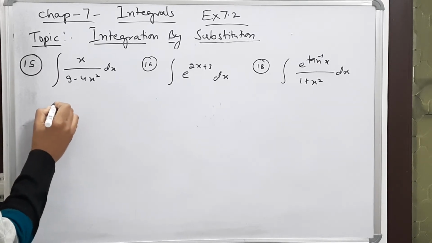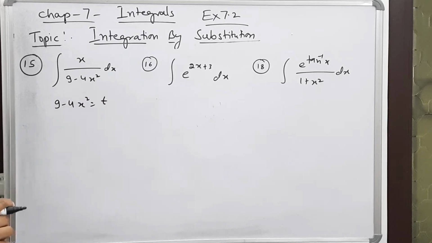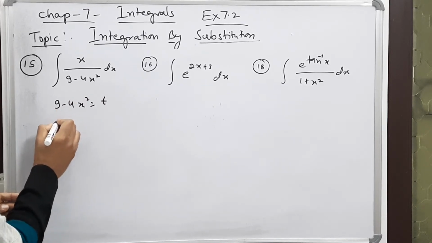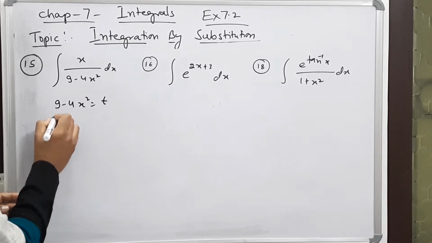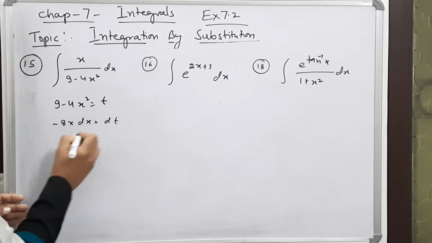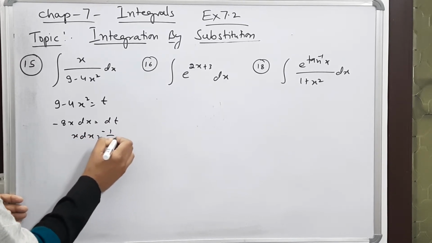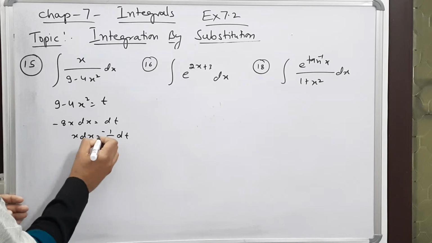In this we can take 9 minus 4x square as t. Then dt will be minus 8x dx, or x dx will be minus 1 upon 8 dt.